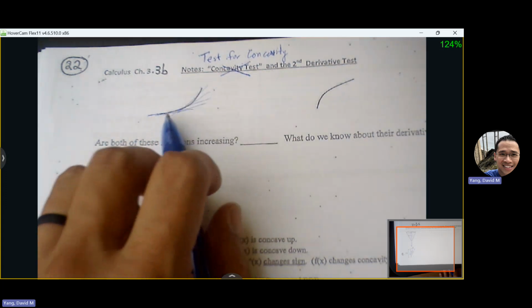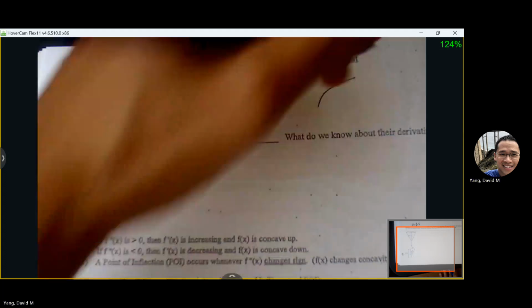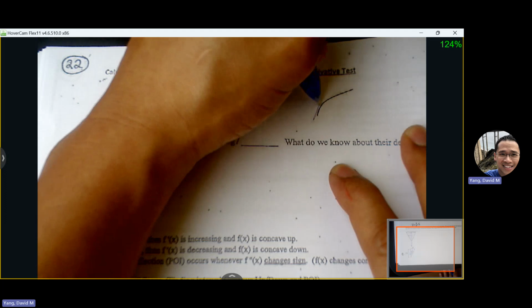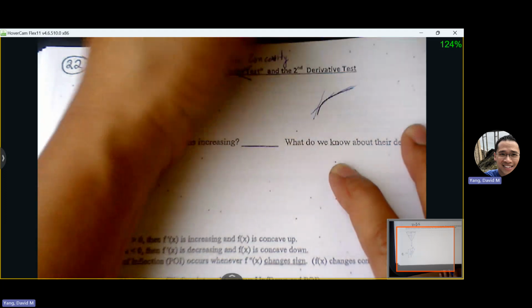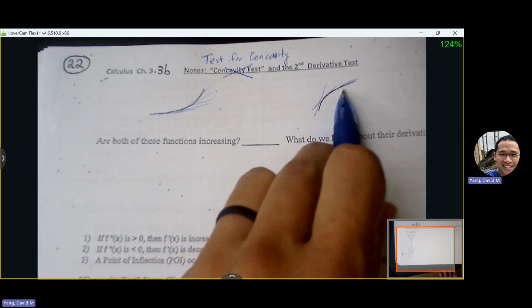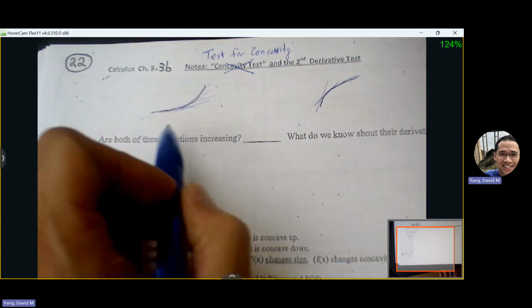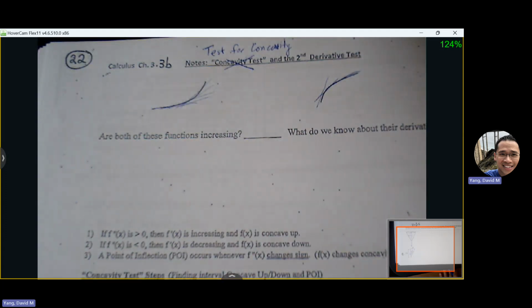So these are all positive slopes, but we can see that the slope is moving in a positive direction. Here, the slope may start off with a positive steep slope, but then it's going to gradually move towards 0. So maybe this is slope 3, then 2, then 1, then 1/2. So that movement of the slope is causing the curve to be shaped differently.